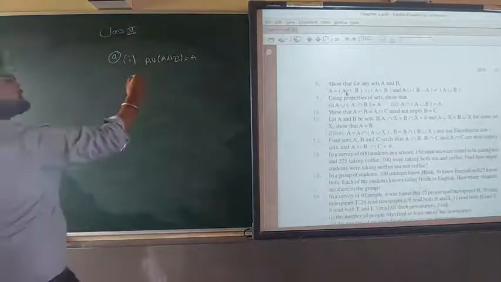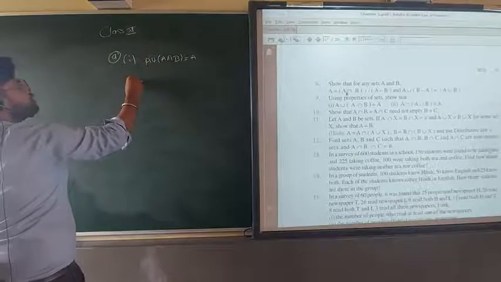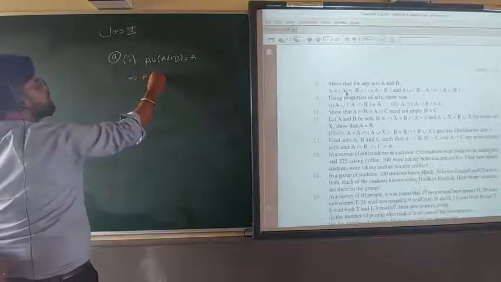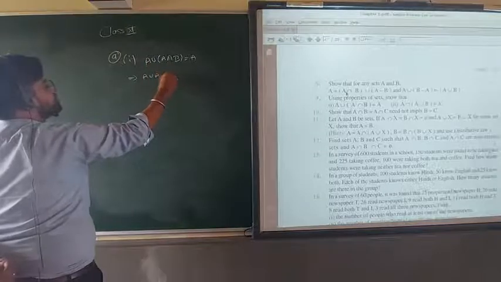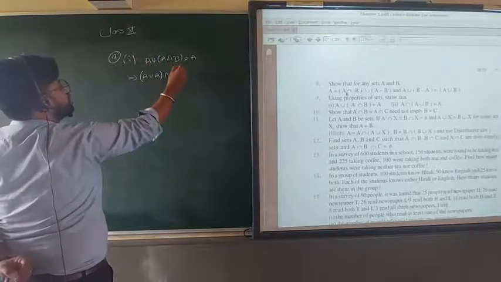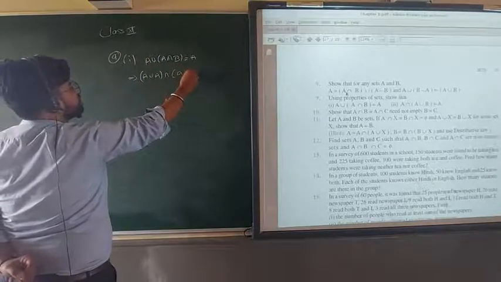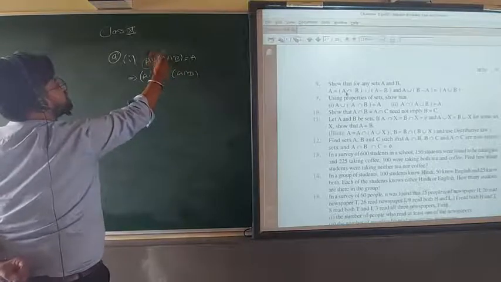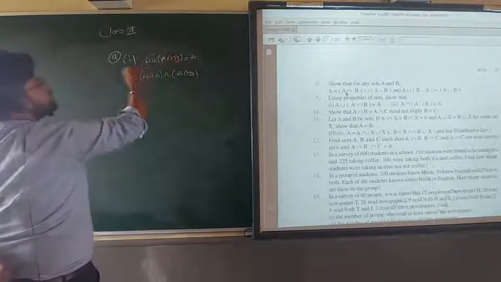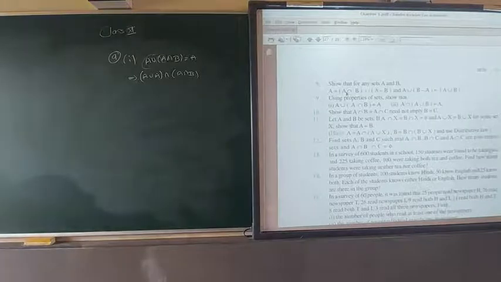Here I applied the distributive property: (A union A) intersection (A union B). I applied the distributive property here, first this with this, then second with this. Now what is A union A? It means all the elements of A should come, so A union A will be equal to A only.